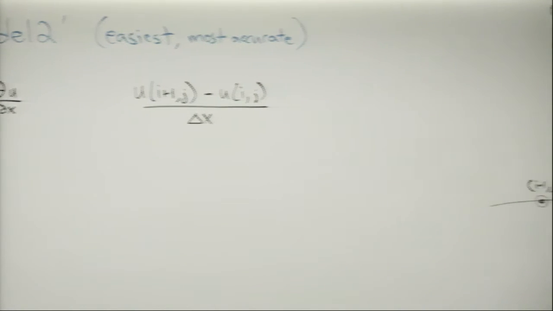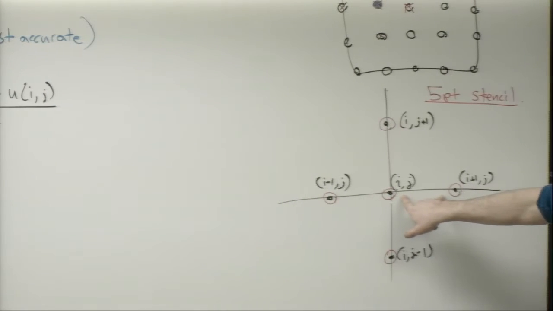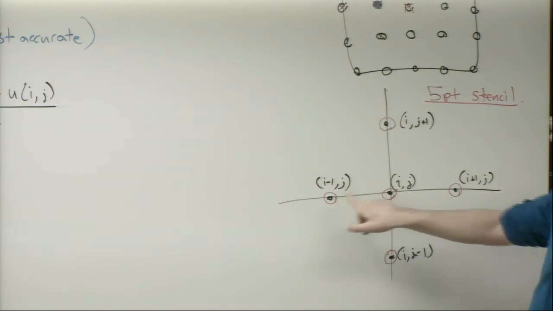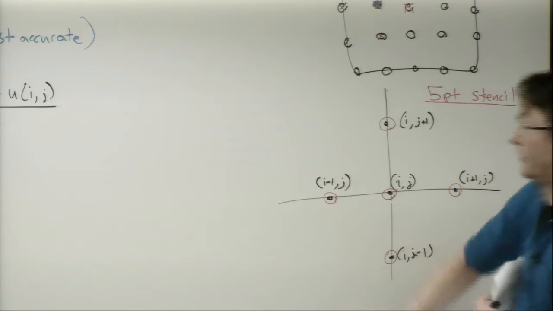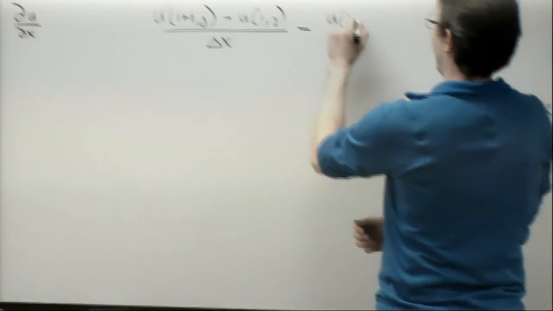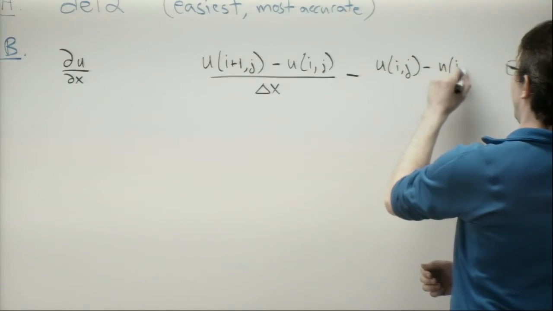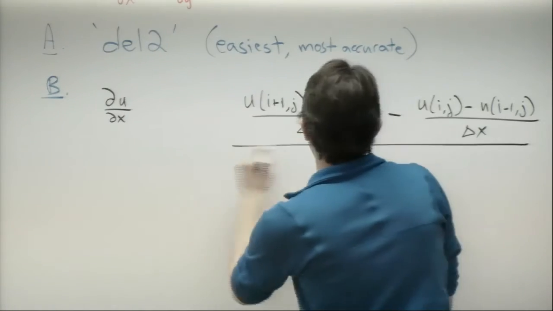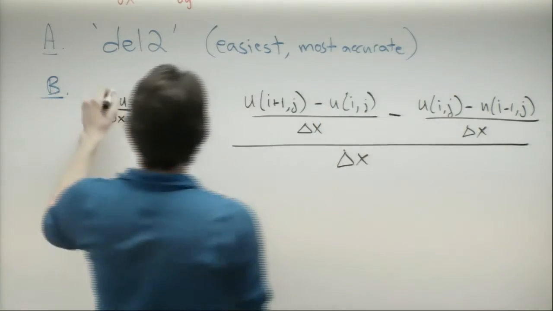That's this partial u partial x here. I'm finding the first derivative using forward difference. And then I'm going to subtract the first derivative using backwards difference, u i j minus u i minus 1 j divided by delta x, all divided by delta x.